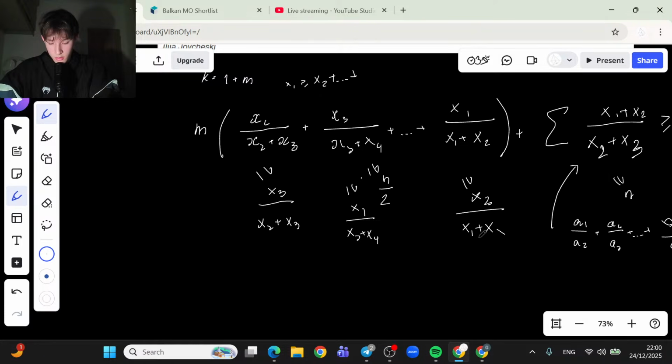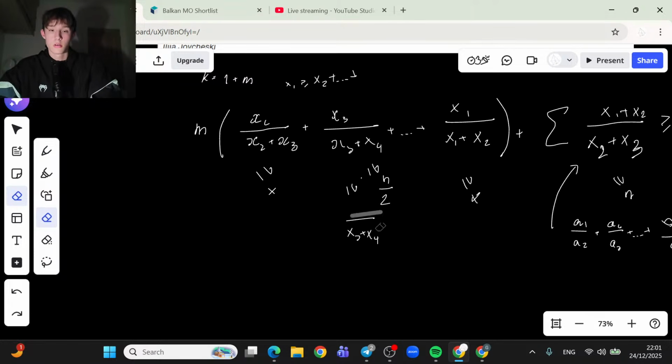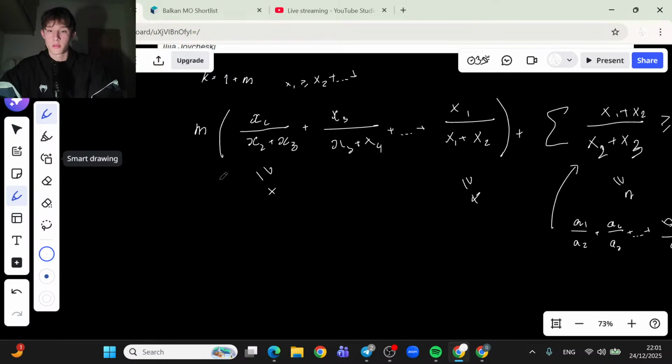Does that work? Oh no, that doesn't work because, for example, for xn, we get the opposite thing. So when I look at xn over xn plus x1, this doesn't work. But what does work, okay, I think I figured it out. If I delete all this, the cyclic stuff like x2, x3 is unstable, so we don't want any inequalities with them. The trick is to actually look at the denominators and say that this thing is greater than or equal to x2 over 2x2.